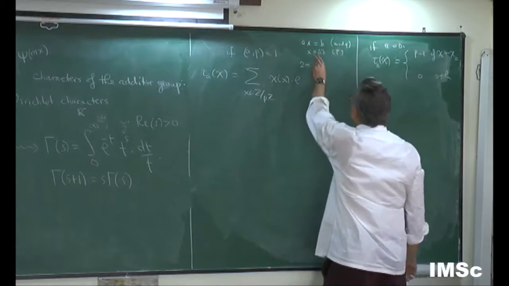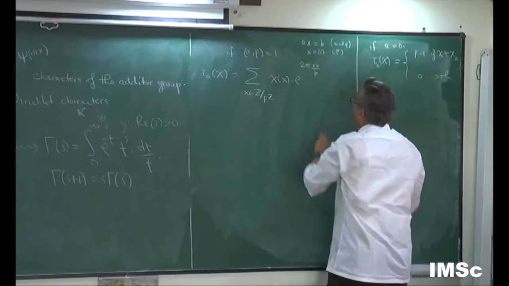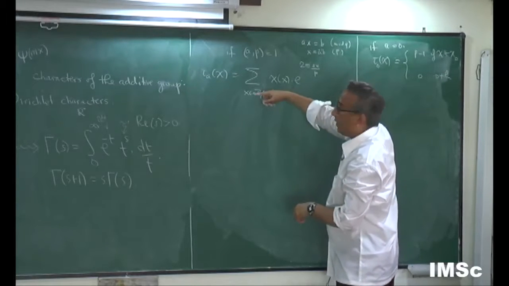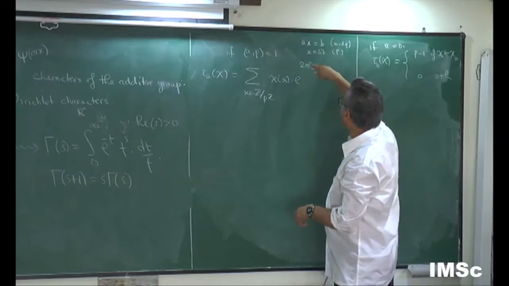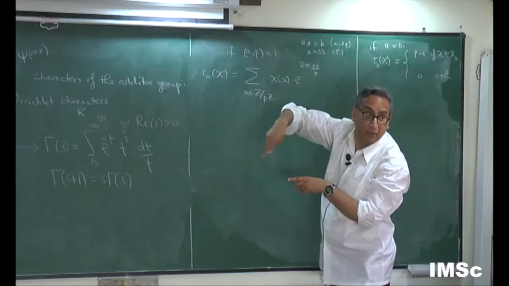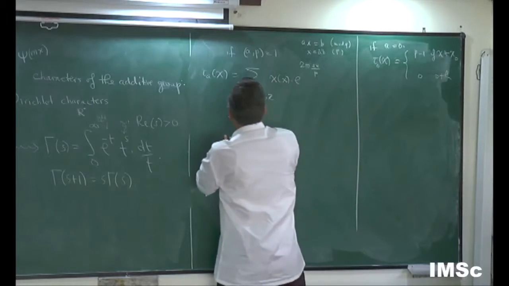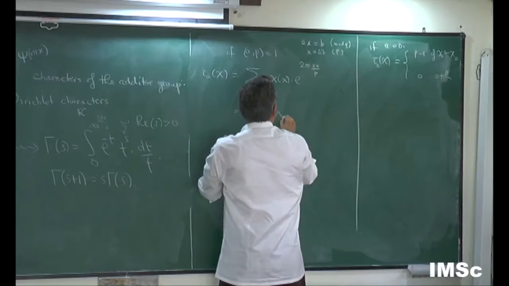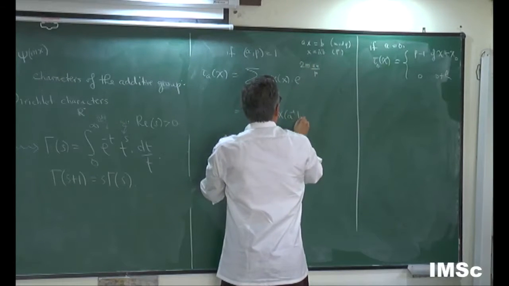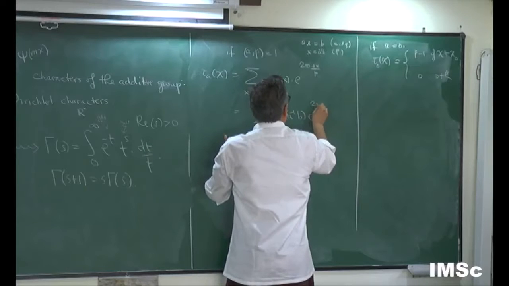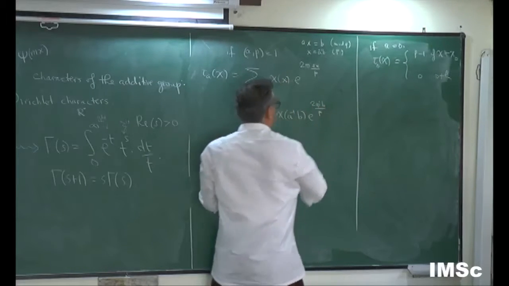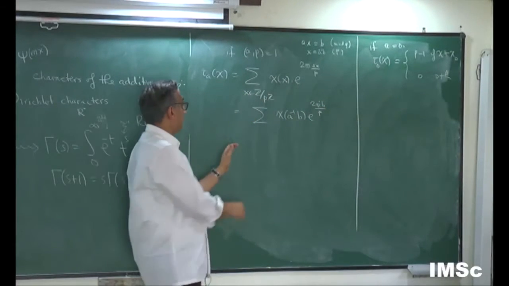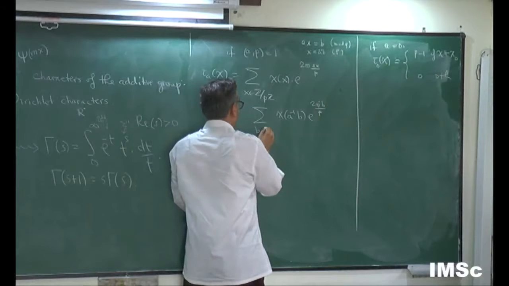So I can change variables: as x runs through all these residue classes, so does ax. Kind of an automorphism. So you have chi of x, which is now a inverse b, times e^(2 pi i b over p), and as x is running, so is b mod p.